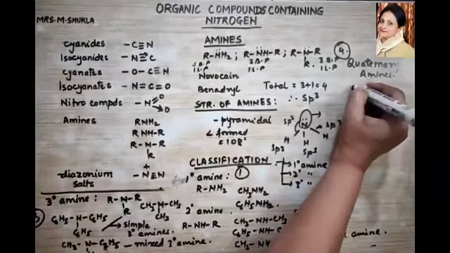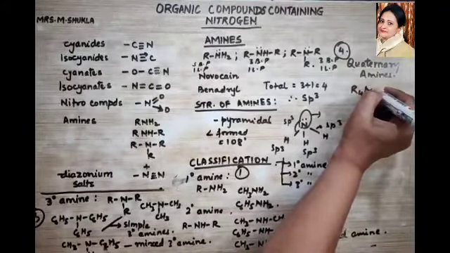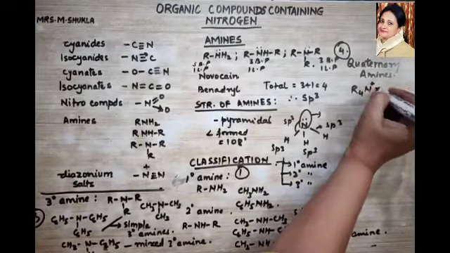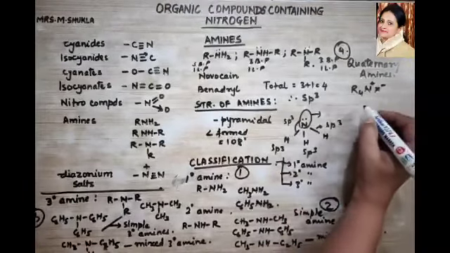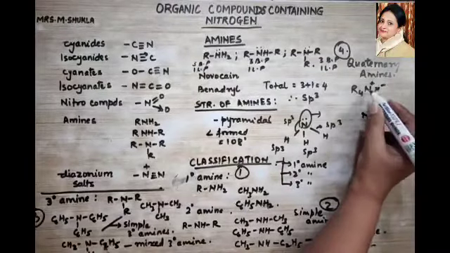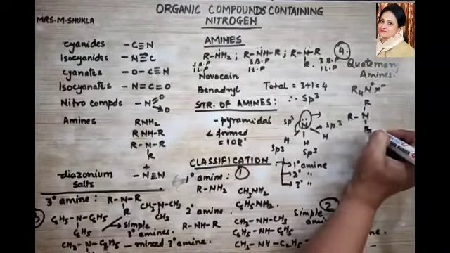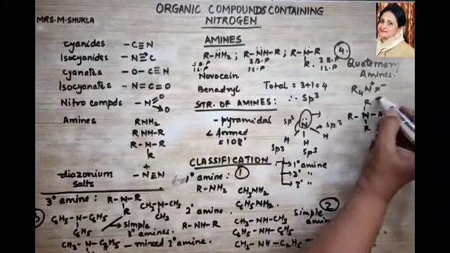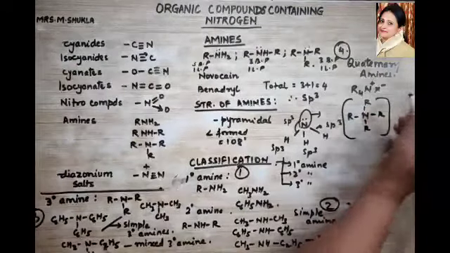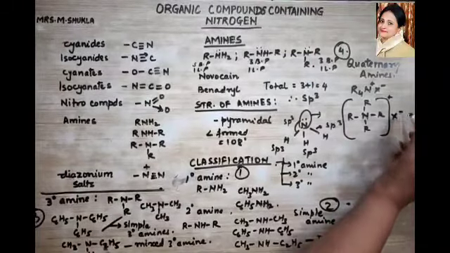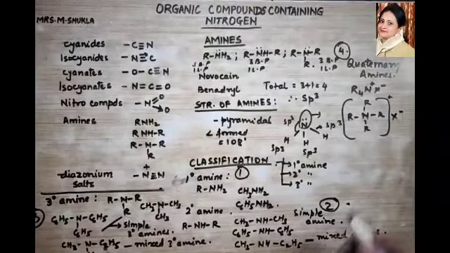Their general formula will be like this: R4N plus X minus. Look at the structure. N, R4 means R, R, R and R. This is plus and X is minus. Clear?